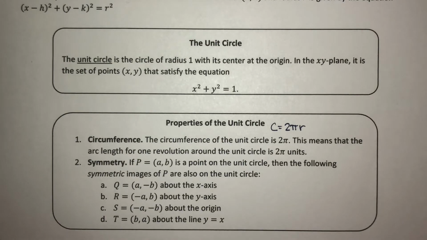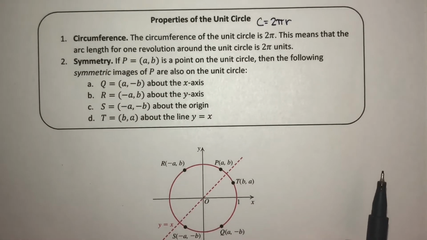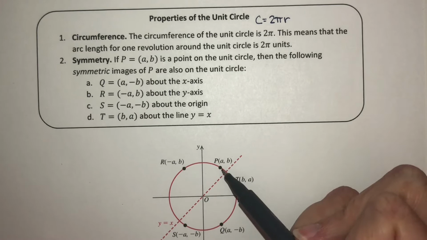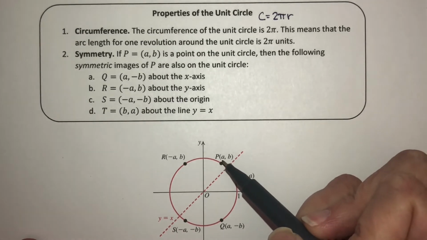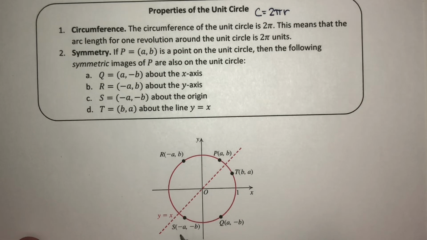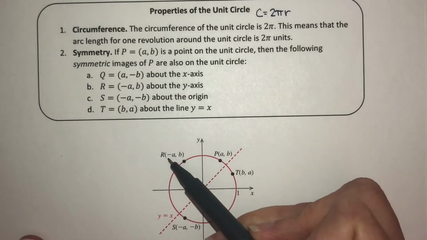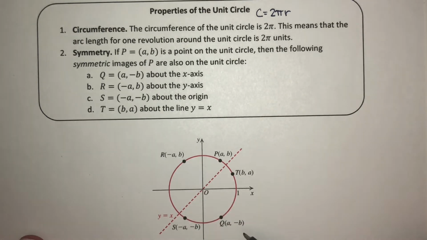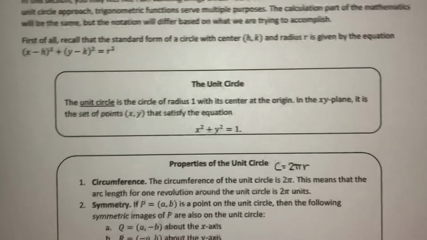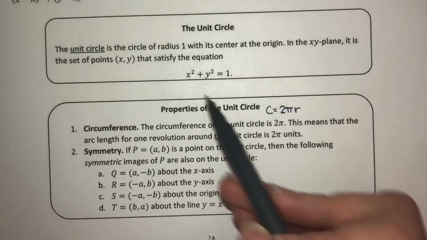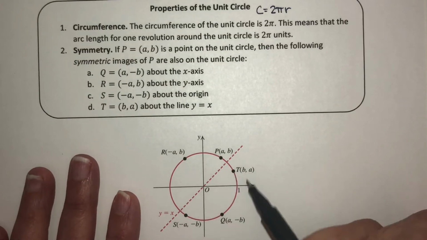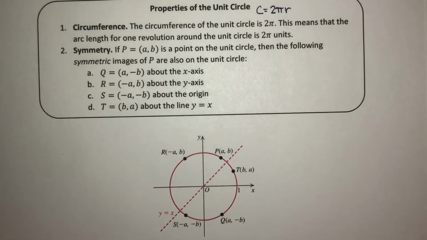What this means for us is if we know this point is on the unit circle, then we know that this point is also on the unit circle, because if you square negative numbers, it's the same. Here, if one of them is negative, or here the other is negative, it's also going to be true. And since we are adding squared numbers, you could theoretically switch the x and the y, and that point is also going to be on the same circle.